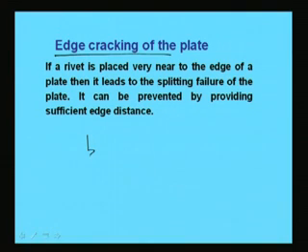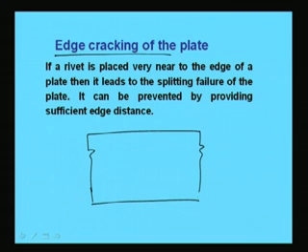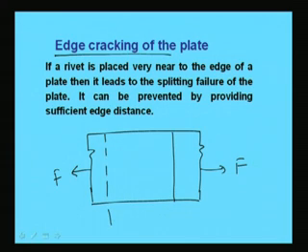Say one plate is overlapped with another one and is under the tensile force; say this is one plate, another plate is this, and this is the lap. Suppose we need many rivets, to withstand that much high load.